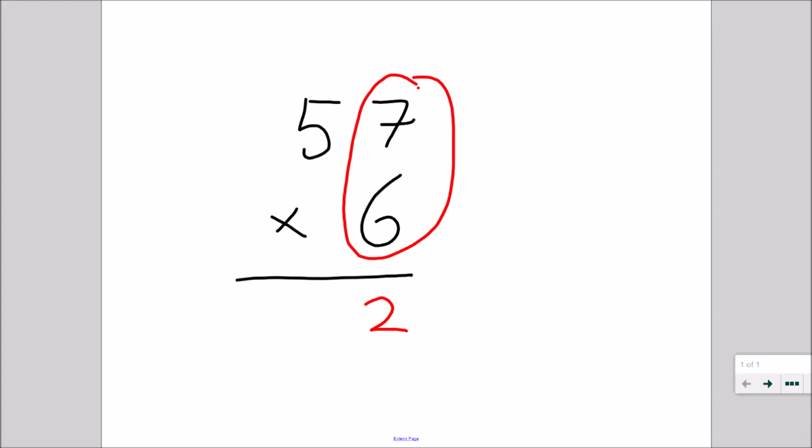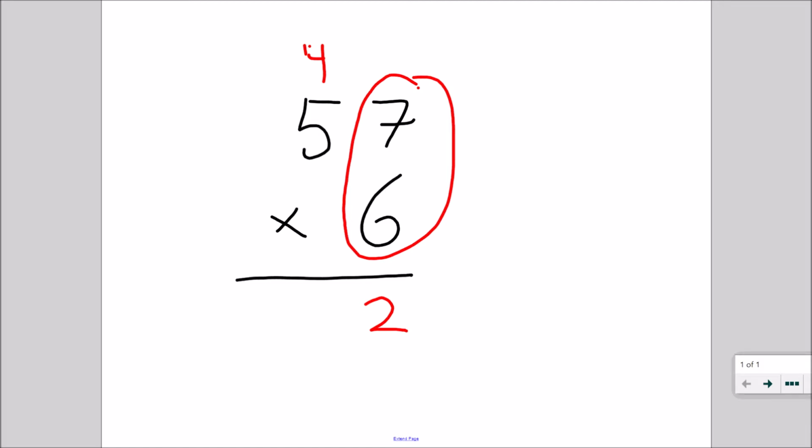Now, my 2 goes down below here in the ones place because that 2 is going to stay in the ones. My 4 tens I'm going to set aside for later because I'm only working with the ones. I need those tens eventually, but not right now. So I'm going to put the 4 tens up top so I remember they exist, but know that I'm not using them right this second.